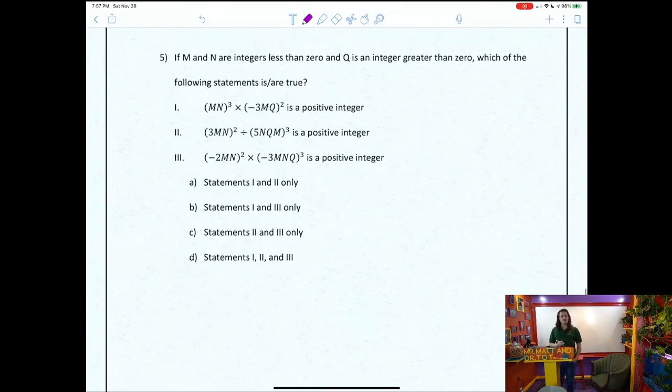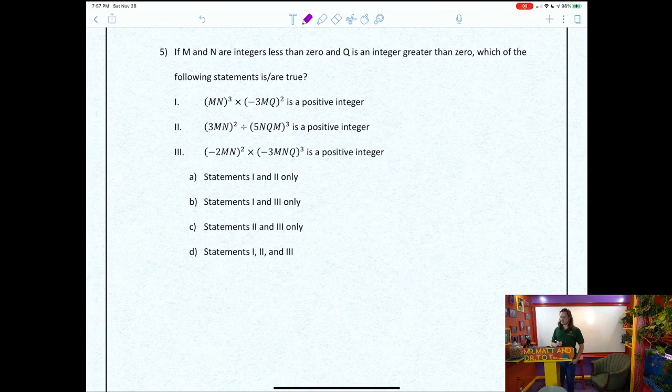Question number 5 says, if m and n are integers less than 0 and q is an integer greater than 0, which of the following statements is or are true? Statement 1 says the quantity m times n, quantity cubed, times the quantity negative 3 times m times q, quantity squared, is a positive integer.